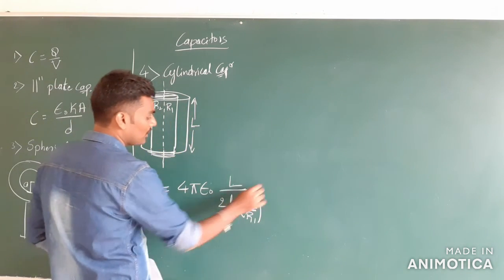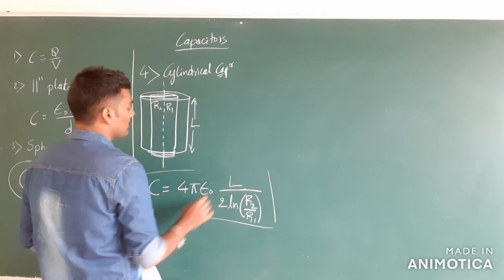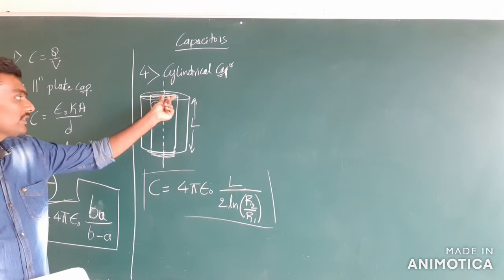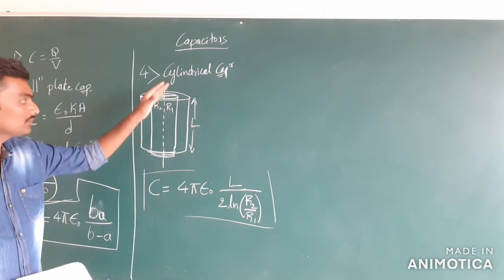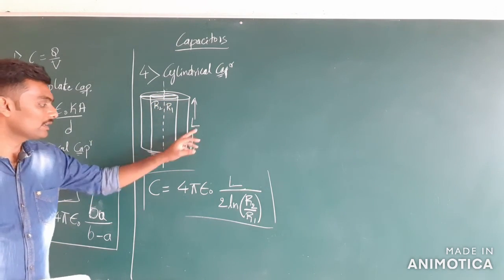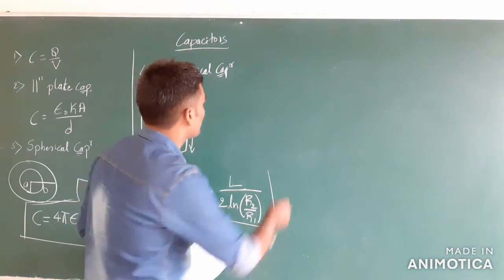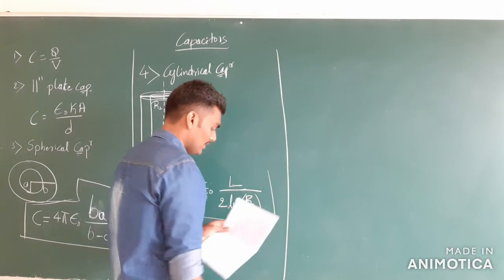So this is the formula for the capacitance of a cylindrical capacitor, one with radius R1, the other with radius R2, and length of the capacitor is L. Clear? So this is about the cylindrical capacitor.